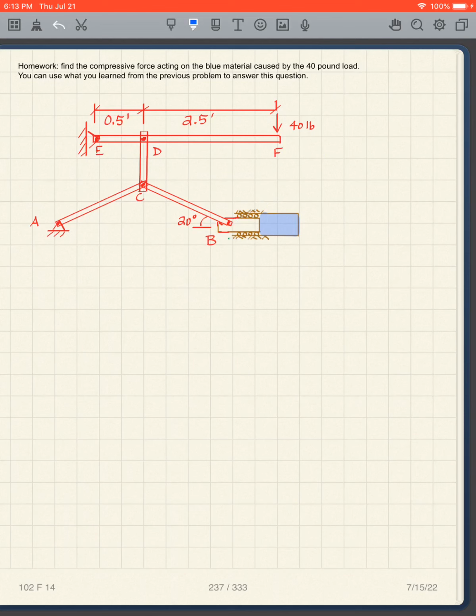So again, the problem is to find the compressive force acting on the blue material, but now it's due to this 40-pound load that we're putting on our handle.